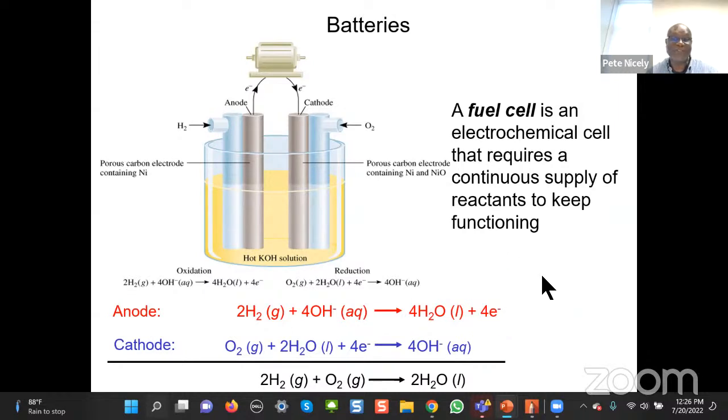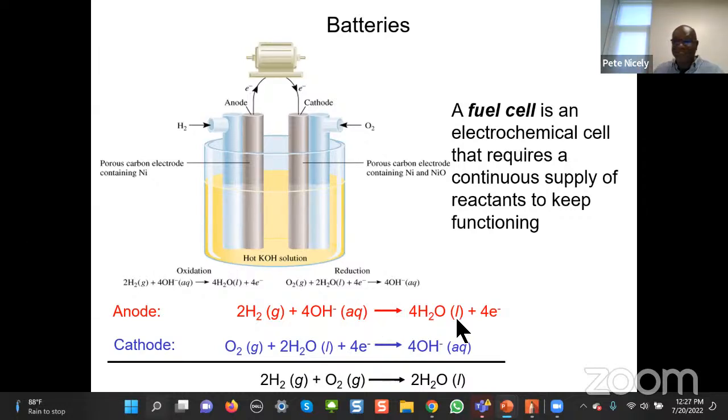And another issue, if I'm not mistaken, is the fact that you need to have a hot solution of potassium hydroxide so that this reaction will take place. So if those issues can be overcome, then this would be a very environmentally friendly form of energy source that can be used, all right? So here's hoping that they can work this out.